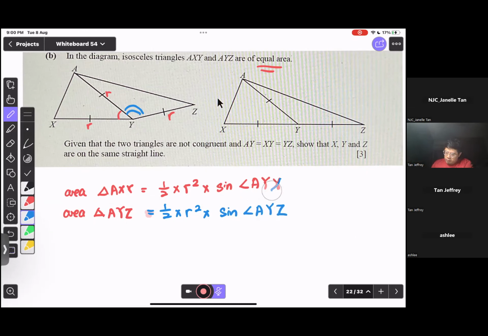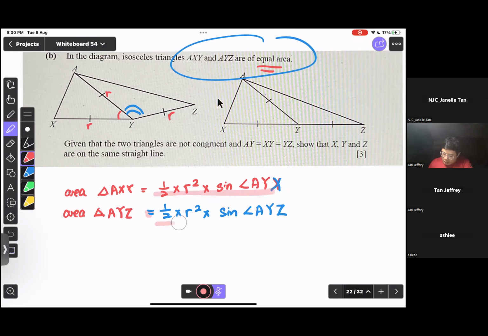Now, you know that they are equal. That means these two are equal. Am I right? Is that okay?